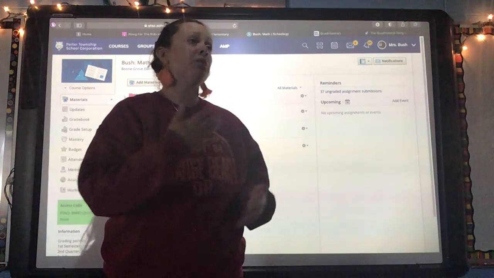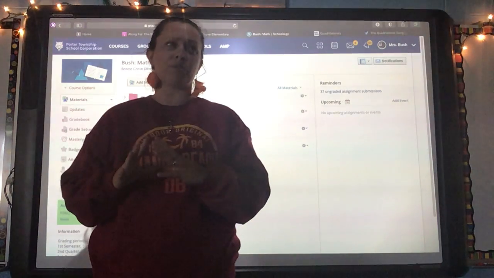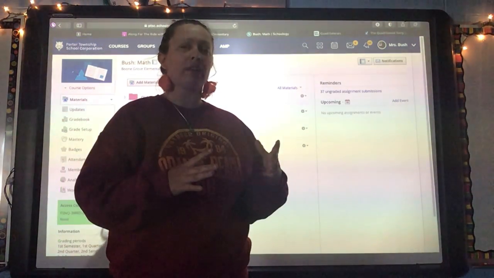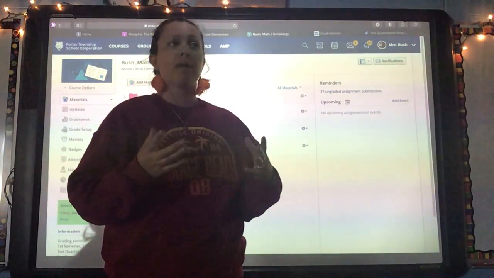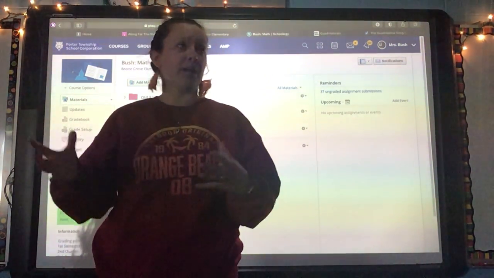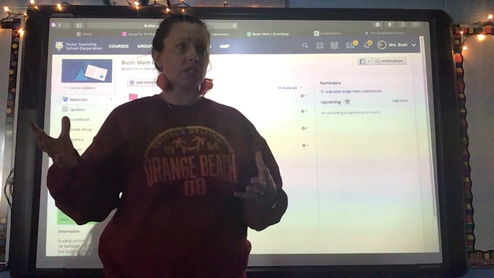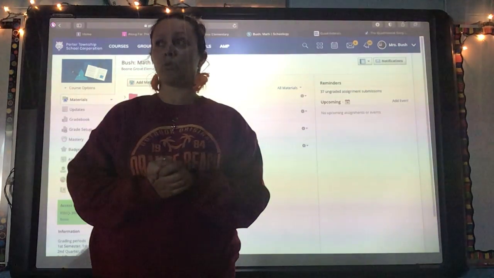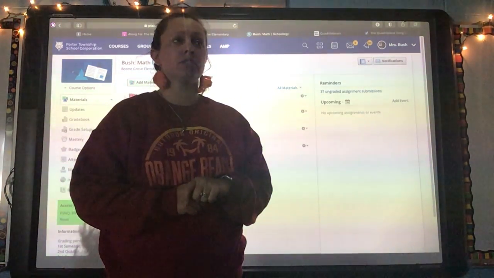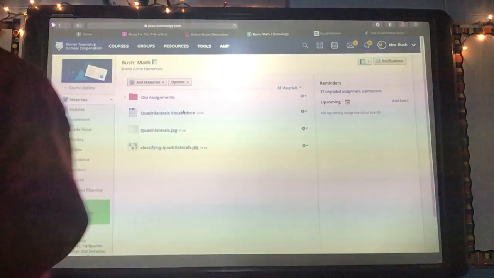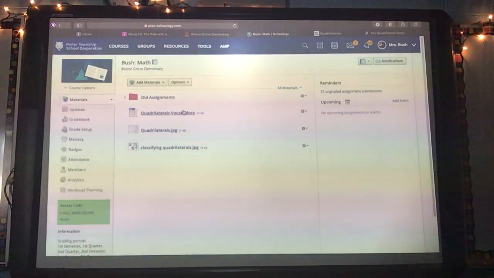I told you we'd come back to quadrilaterals because that brief definition wasn't enough. Quadrilaterals are a much more in-depth shape, with multiple shapes within them. So I have some vocab for you today.